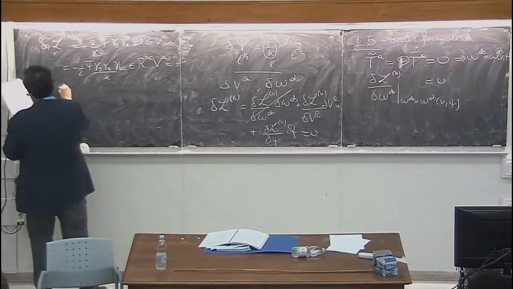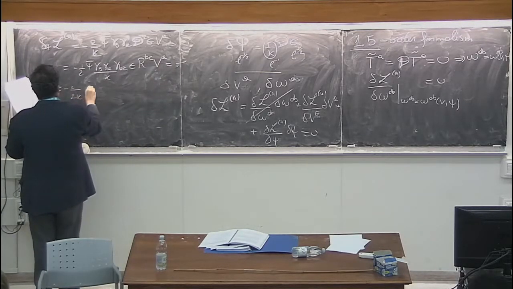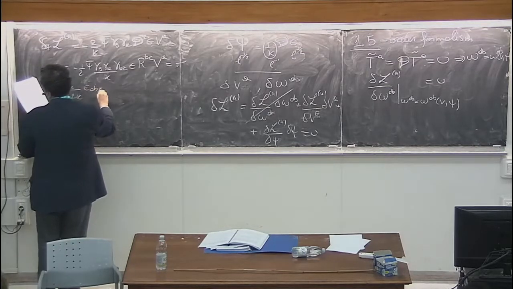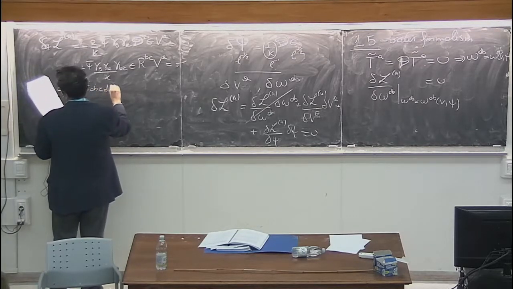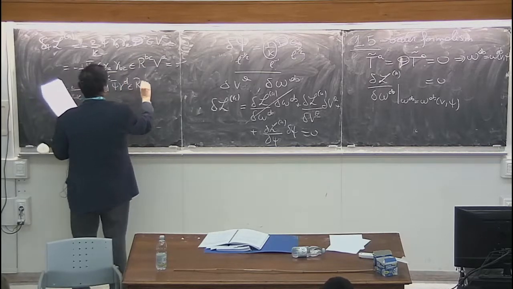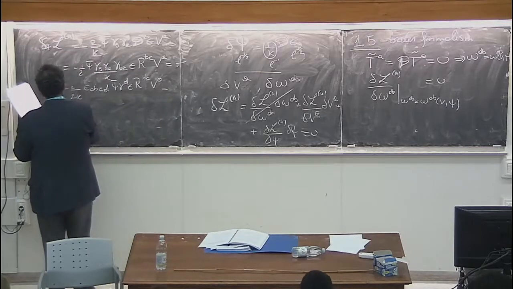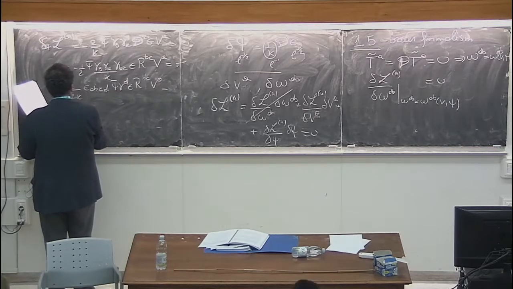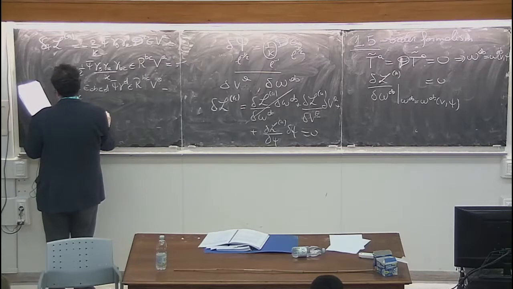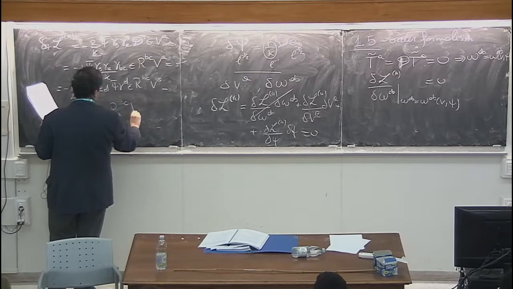That is equal to minus i over 2 kappa epsilon ABCD psi bar gamma D epsilon RBC VA minus psi bar gamma 5 gamma C epsilon divided by kappa RAC VA.